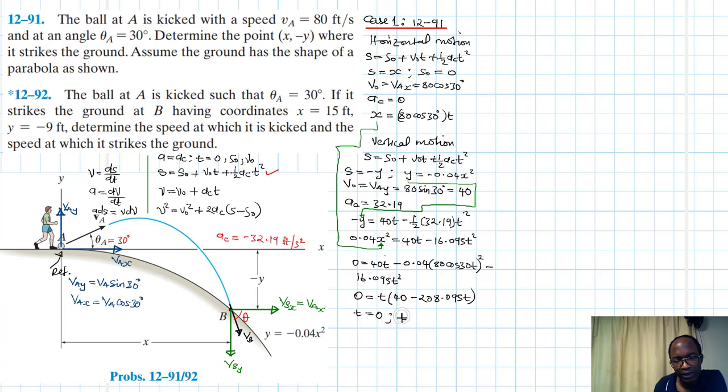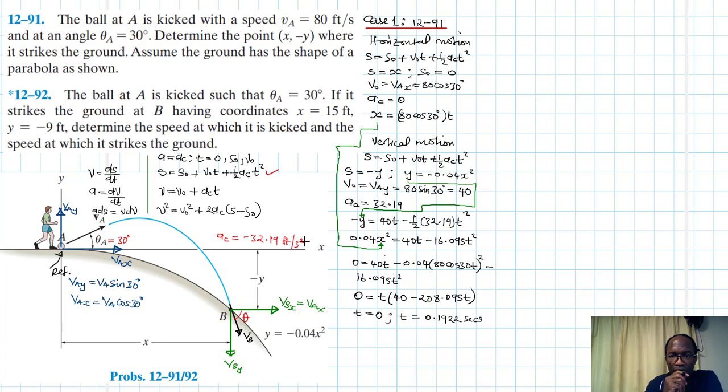So we have t equal to 0. We have another t equal to 40 divided by 208.095. So it is 0.1922 seconds. So we have two values of t.